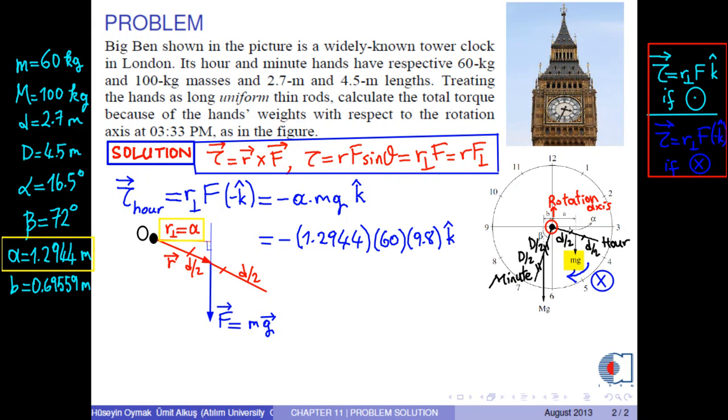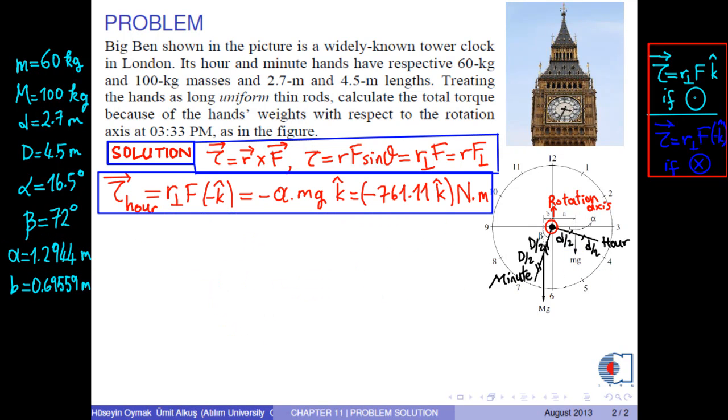So we calculate the torque because of the hour hand with respect to the rotation axis as negative 761.11 k hat in Newton meters, because position has units of meters and force has units of newtons in SI unit system.